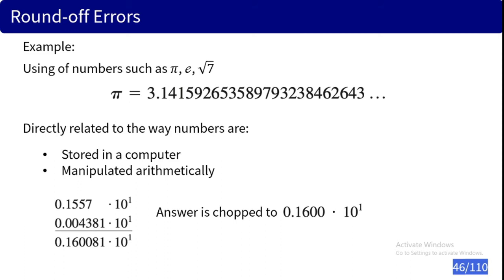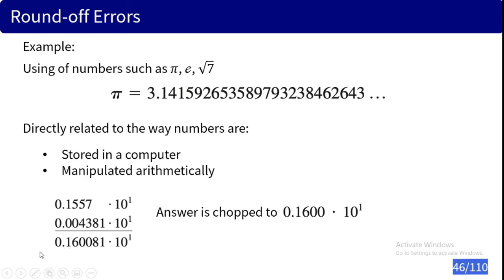atong gamiton. Okay. Di ba kung ano to ato na siyang di ba parehan ni sila kaning atong gi-add atong values diri is parehan sila nga 4 significant figures kaning 0.1557 o kaning 0.04381 4 significant figures. Okay. So pag-add nato niya is ang answer nato is 0.160081.